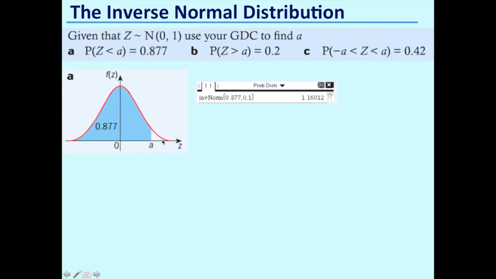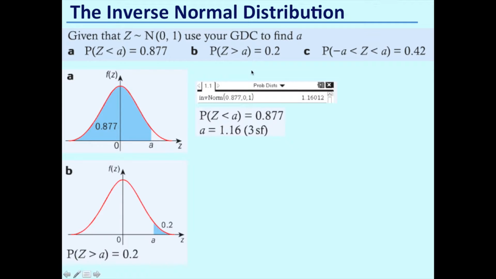For part B though, we need to be careful because we are being told that the probability that z is greater than a is 0.2. So the probability we're being given is actually this one here. But remember, this value on our calculator on the inverse normal distribution function has to be the area to the left.